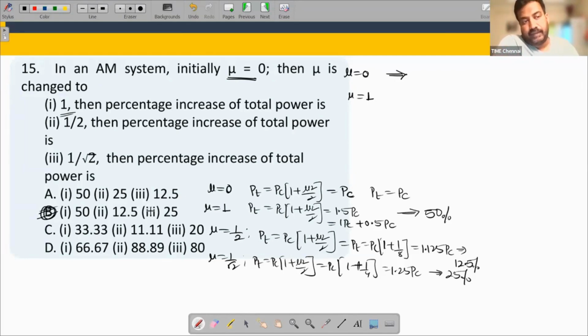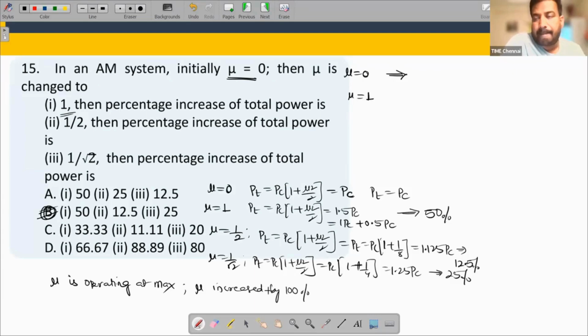Now, for example, mu is operating at maximum and mu is increased by 100%. Then PT changes by dash percent.